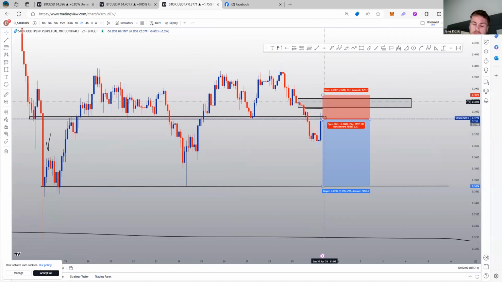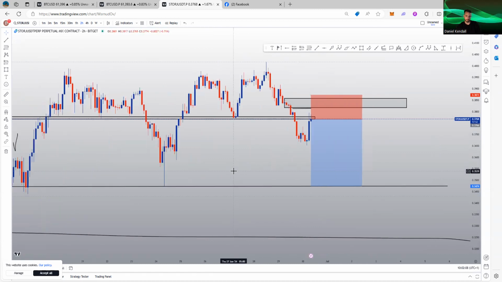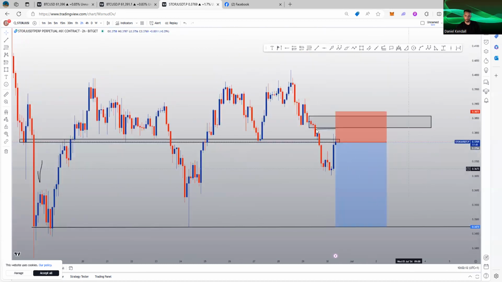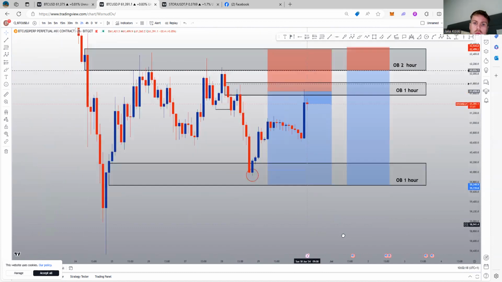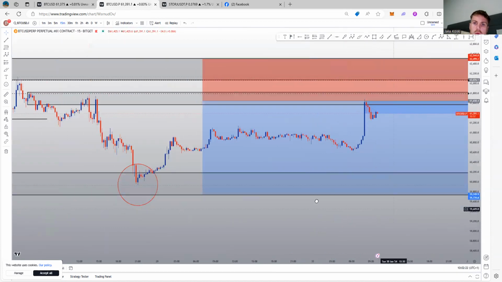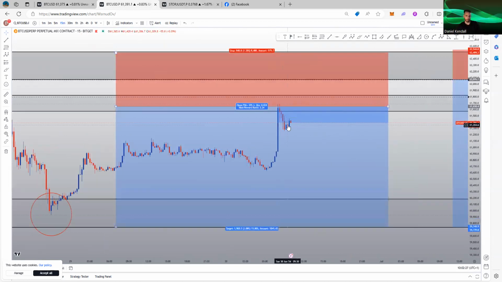So let's just wait, see what BTC does, and then go from there. It's forming like a little flag underneath, isn't it?